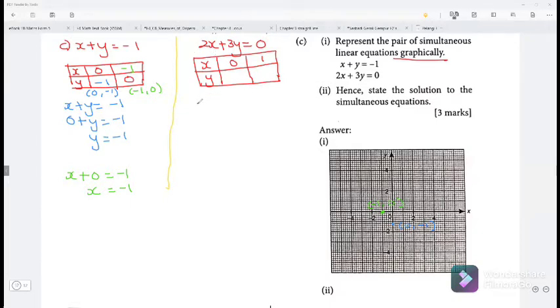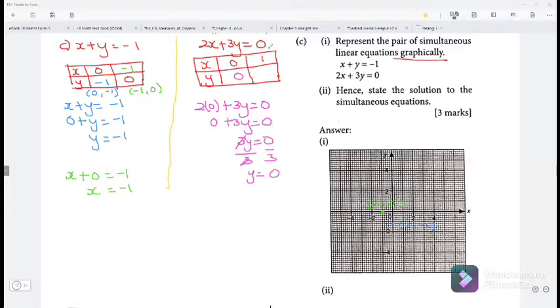When x is 0, what is the value of y? 2 multiplied by 0 is 0, right? So 3y equals 0. If you do it step by step, you notice that when x is 0, y is also 0. Never mind, just fill in the blank first. Then we go to the next one.